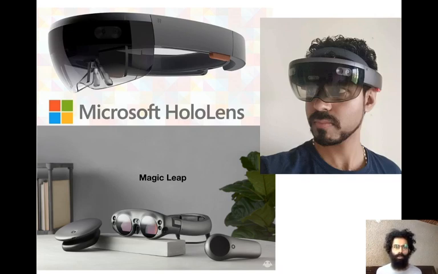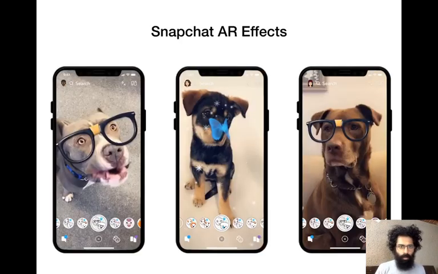They are not for end users, because as you can see, they are a little bulky, and the goal is to make them as small as this. That's the goal. It will take a while, but once we reach there, it's going to change the world as we know it. Just like mobile changed everything for us, this is going to be much more impactful than mobile. So let's see some demos.